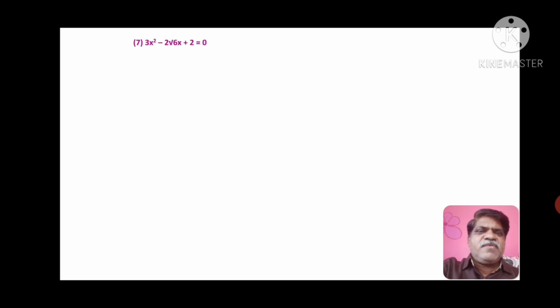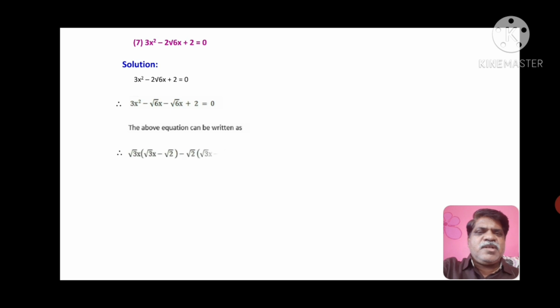Next, 3x square minus 2 under root 6x plus 2 is equal to 0. So we will see the solution for this one. Friends, here we can write that 3x square minus root 6x minus root 6x plus 2 is equal to 0. For the first two terms, root 3x is the common factor we will take.